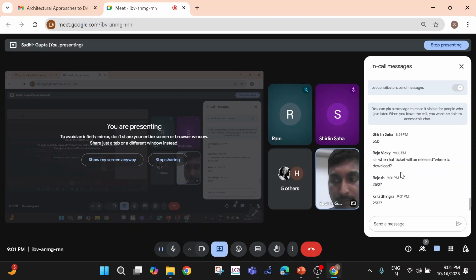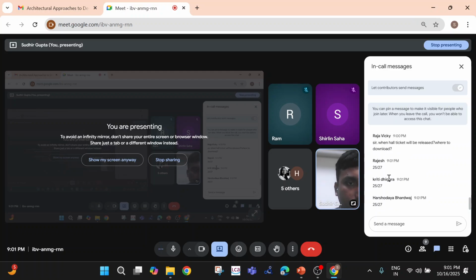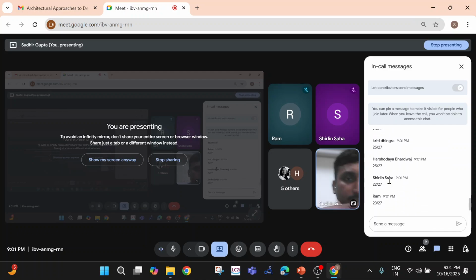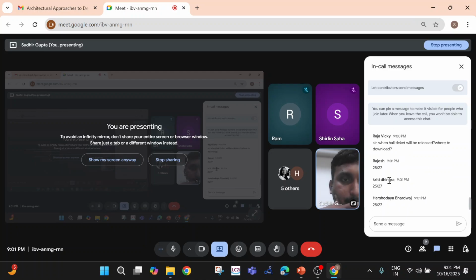Out of 27, how much will you rate yourself? As I can see, many of you are saying the best score to be 25. Rajesh, Kirti, Harshoday, these are the three toppers of today's problem solving session.